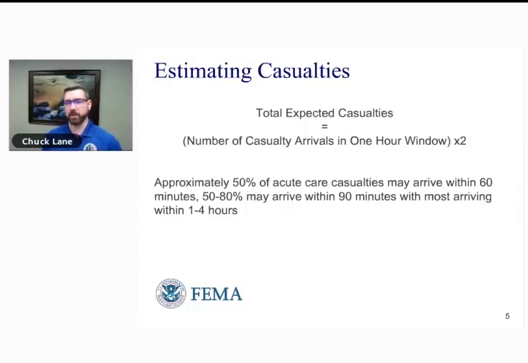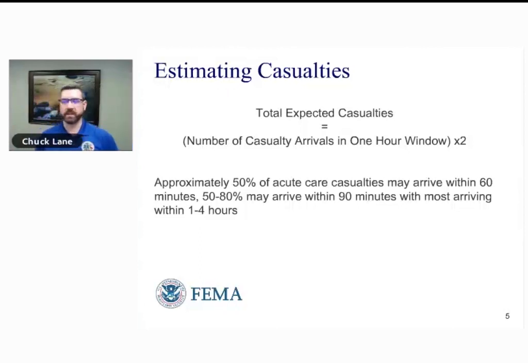Okay, so those people needing the highest level of care are going to show up generally the quickest. And then we get into that 90-minute to 4-hour window that the other 50% is going to arrive. So if we have 100 people show up in the first hour, we generally expect about 200 patients within that first 4-hour window. Doesn't mean we won't get more later, but that'll be our surge window, so to speak.